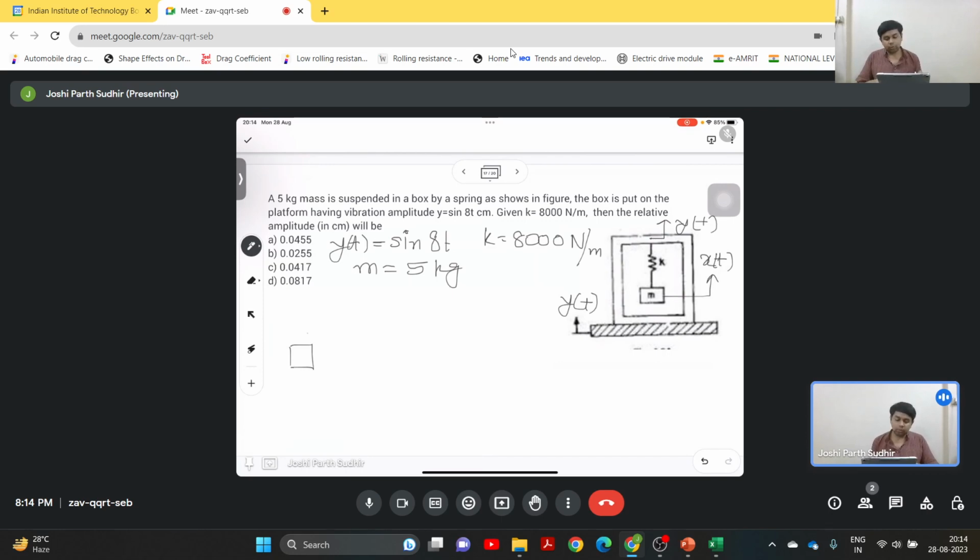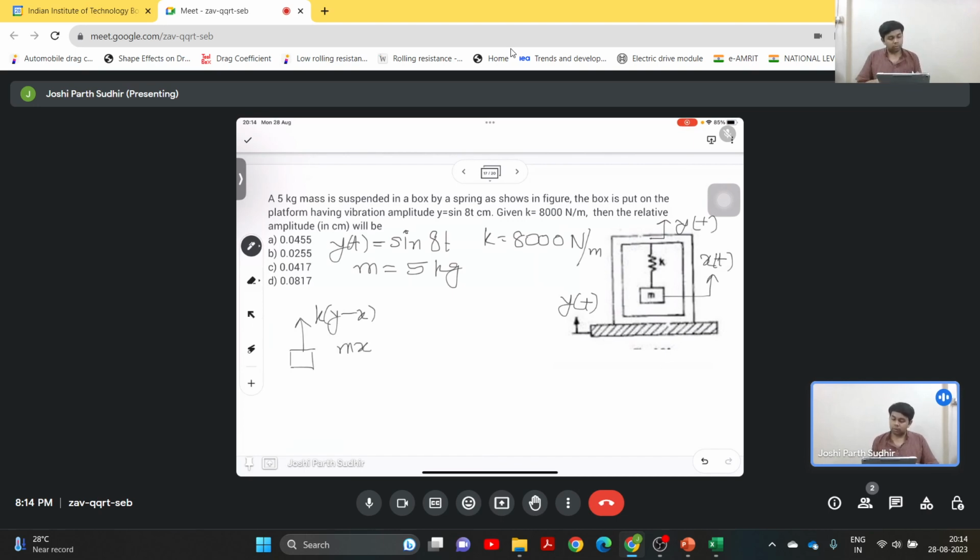Let us say the mass is moving upwards, then the spring force will be compressive, if y happens to be greater than x, so then we can write the spring force as k into (y minus x).